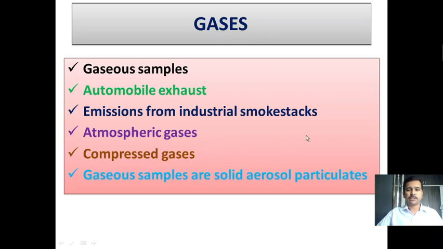So emissions from industrial smokestacks contribute most to the quality of the air. Some common atmospheric gases have to be analyzed, and some gases compressed in cylinders or bags for various purposes may have to be sampled and analyzed to determine what other components are present.